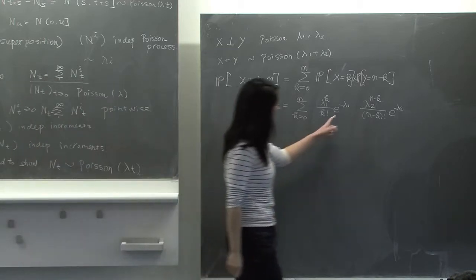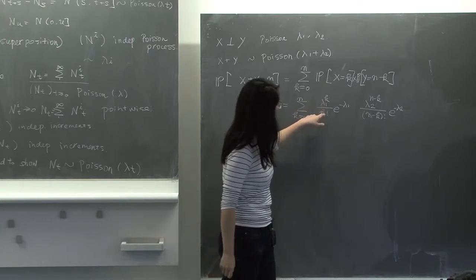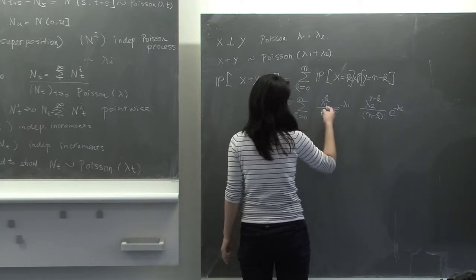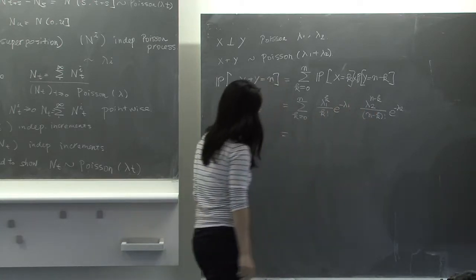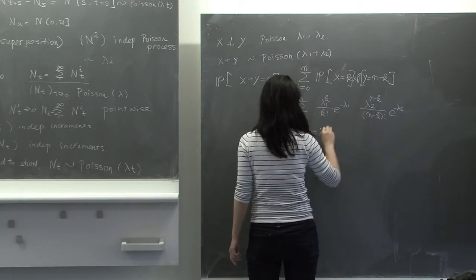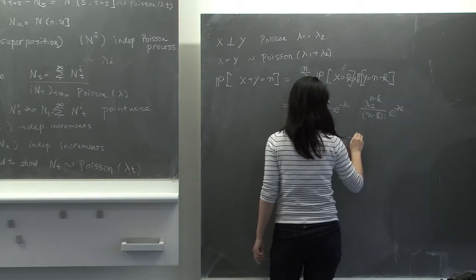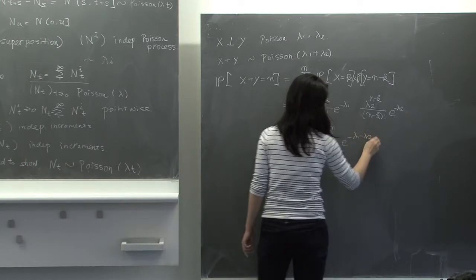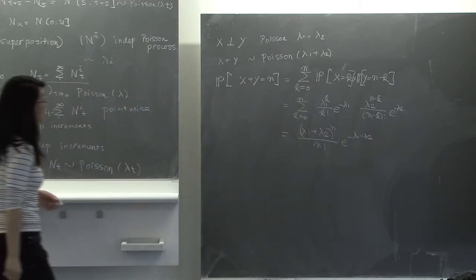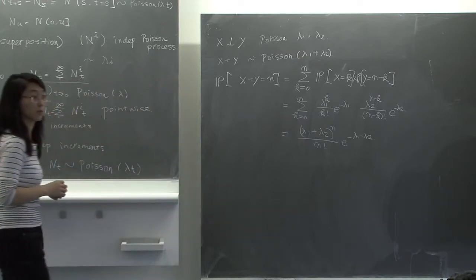Here, this exponential has nothing to do with this summation, so we're just summing over the product of these terms. This is a well-known formula: summing for k from 0 to n, this equals the binomial expansion. So this tells us x plus y is also a Poisson random variable with intensity lambda_1 plus lambda_2.